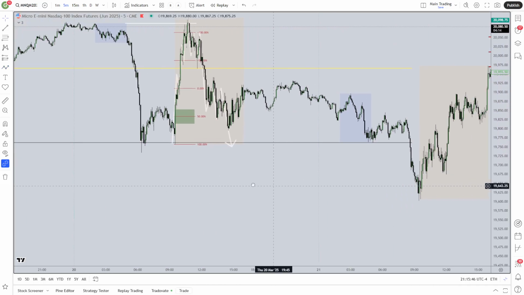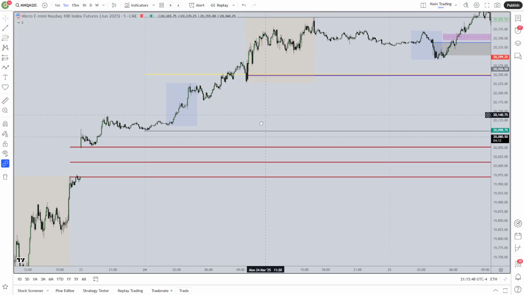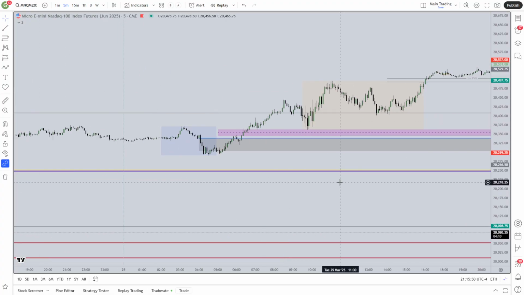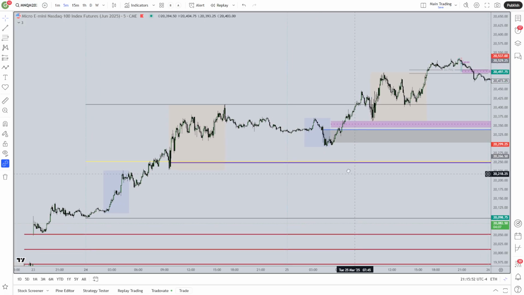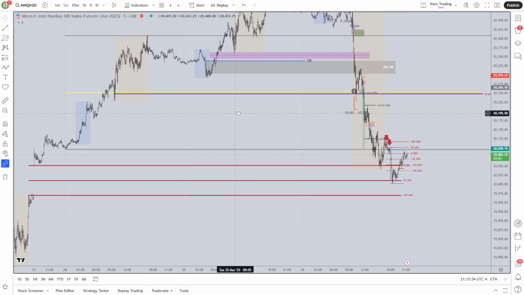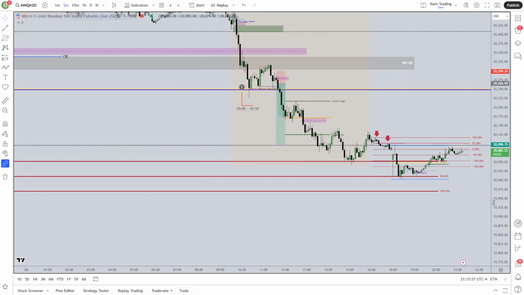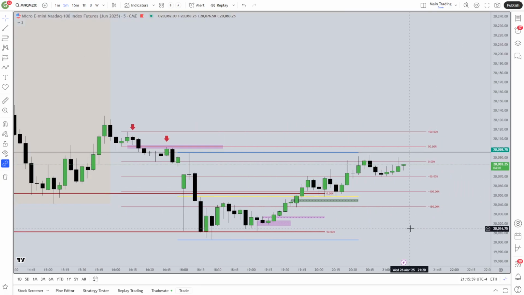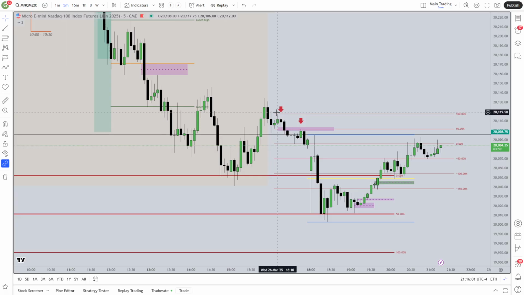Okay, another example is here. We want to have a narrative of bullish or bearish. Looking at this one now, what we had was a price run coming down to a level. I wanted to see it get to the 50% of this, whatever this is. And we had a high, we had a breakaway gap, we had the expansion.